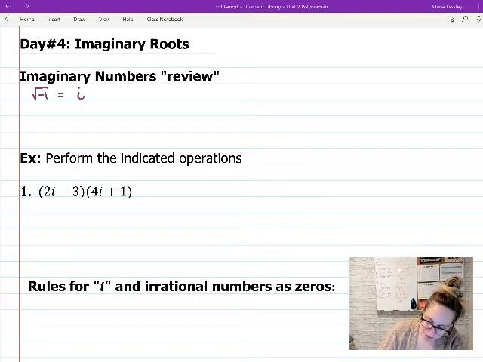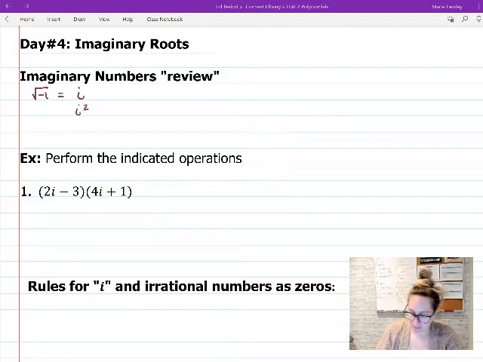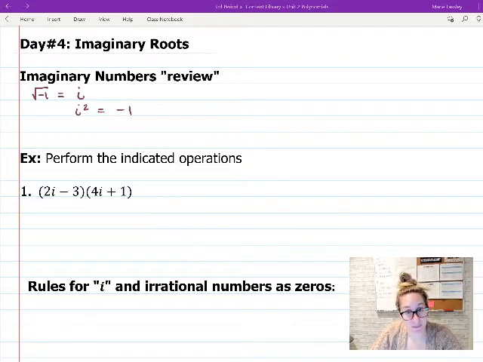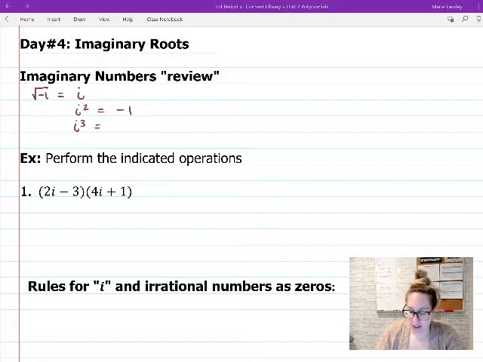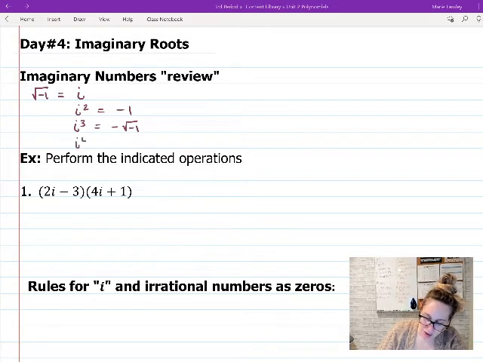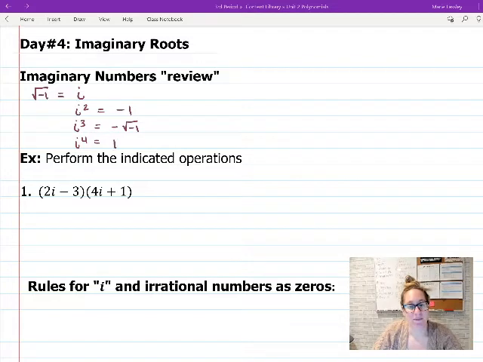If you have i squared, that simplifies to -1. i cubed is negative square root of -1. And then i to the 4th is +1, so it's -1 times -1, which is +1. Those are your i rules.